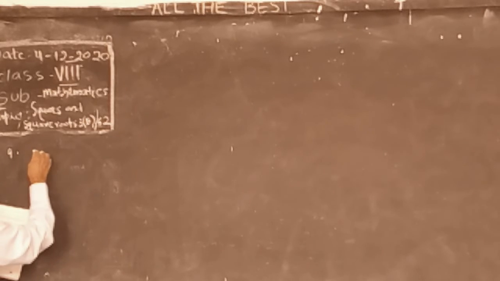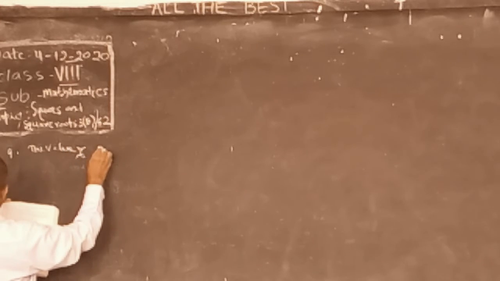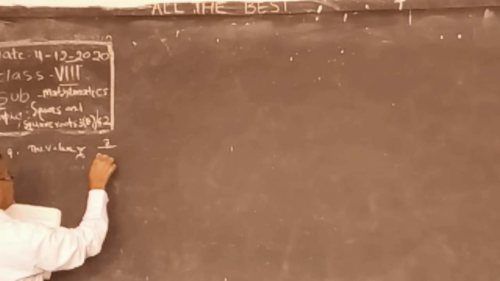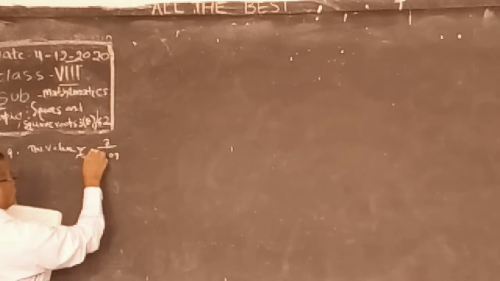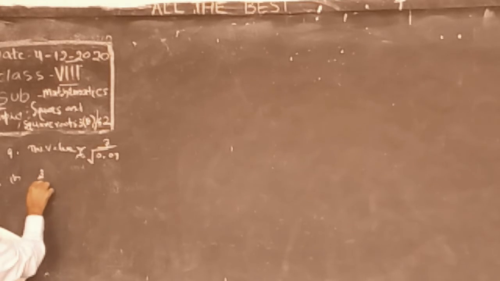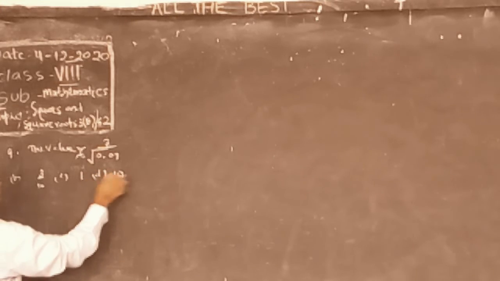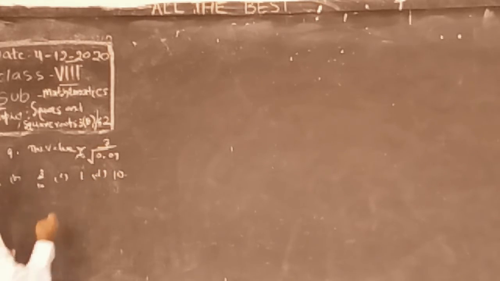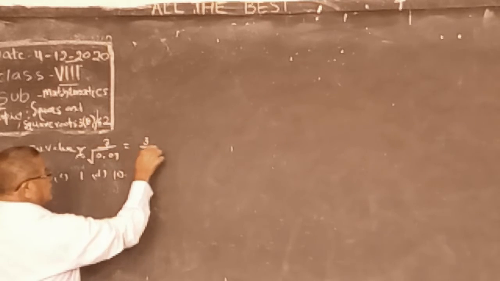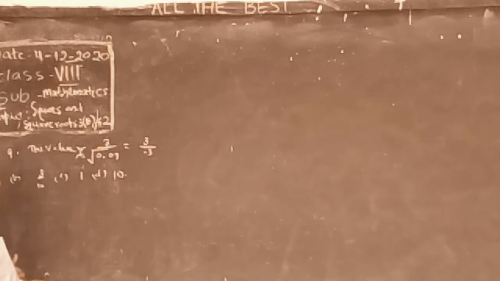9. The value of 3 by the root of 0.09. Your answers are given: 1 by 10, A; 3 by 10, B; 1, C; 10, D. This is nothing but we know the square root. 3 by square root of 9 is 3. 2 digits are there, only 1 digit, 0.3.